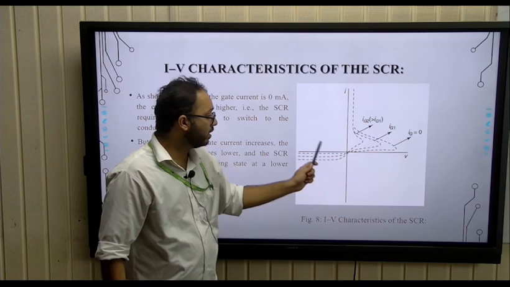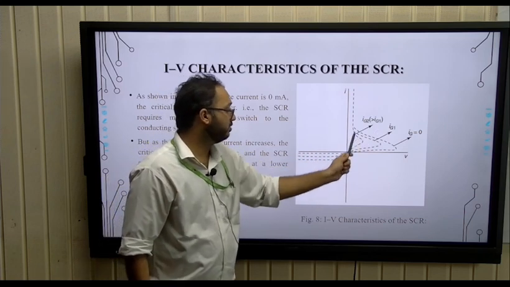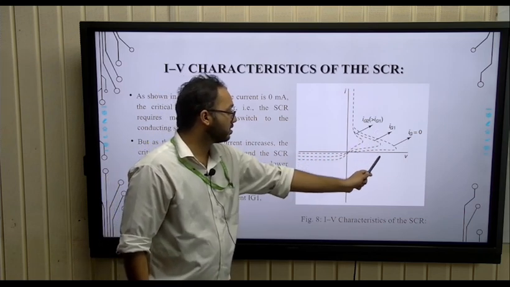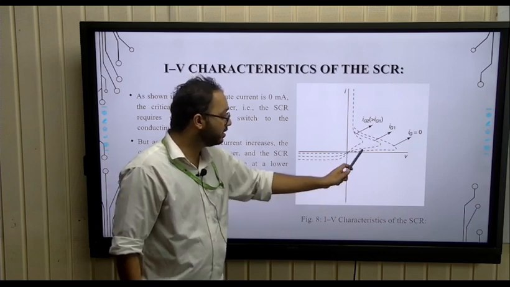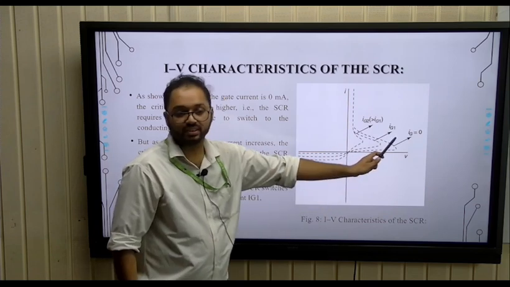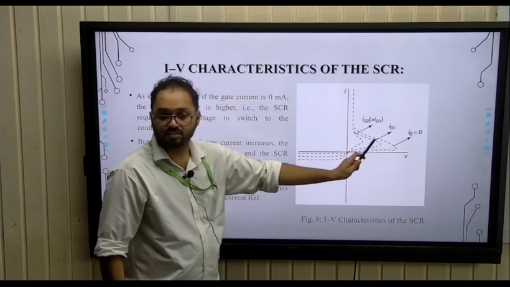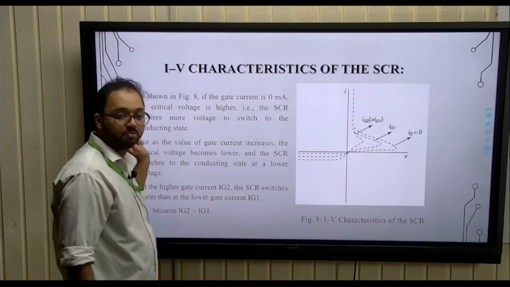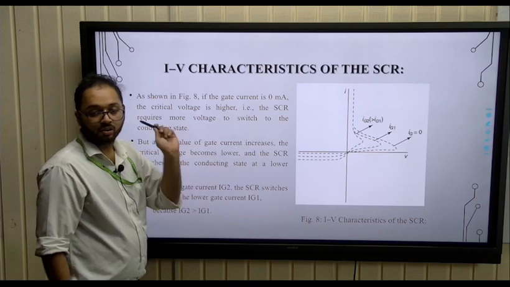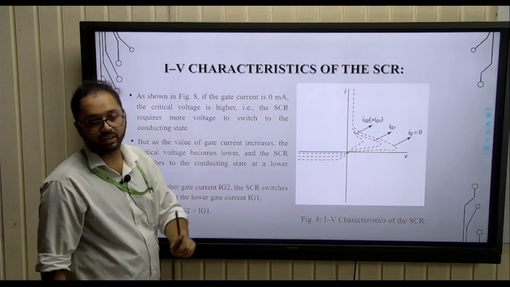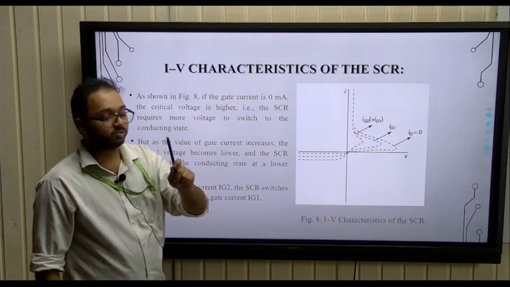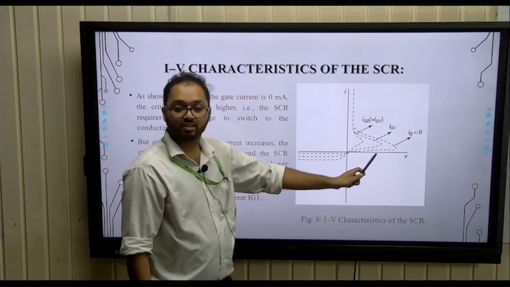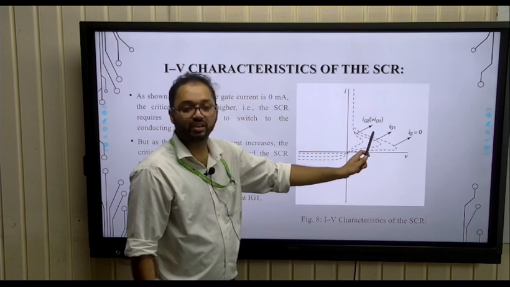But when we increase to Ig1, this voltage is very low. Okay, and you can even see that the leakage current also increases. This is because the current is flowing from anode to cathode due to the current from the gate also. So the gate current is added to the leakage current. That is why this current also increases.